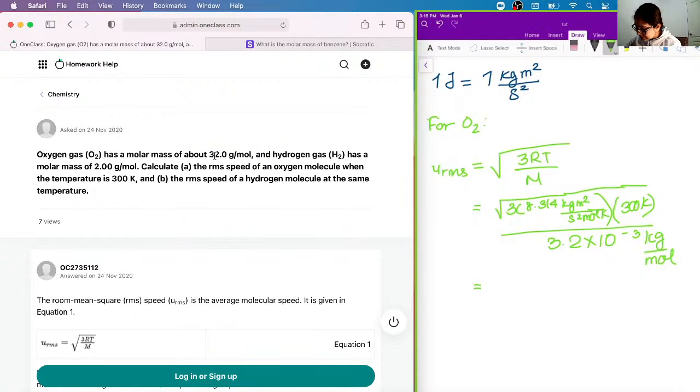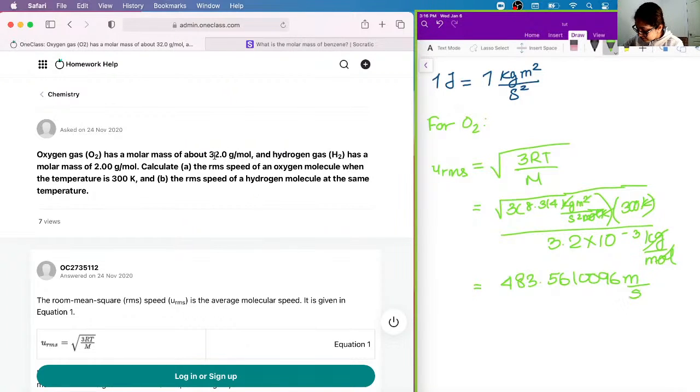Okay, so now you can see we can cross this out, and once you do the math here, you would get 483.56 meters per second, right?